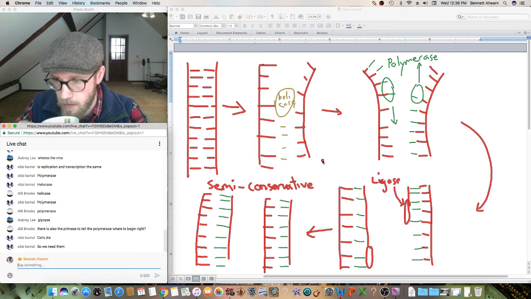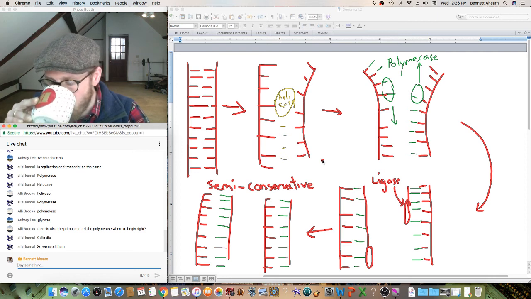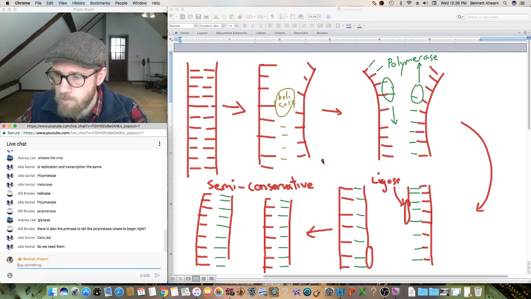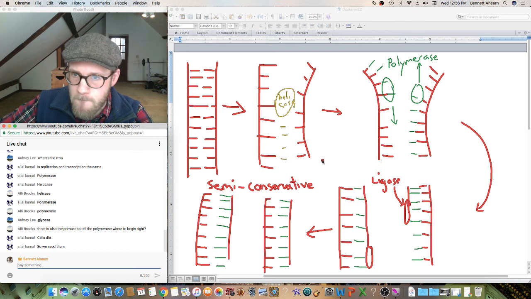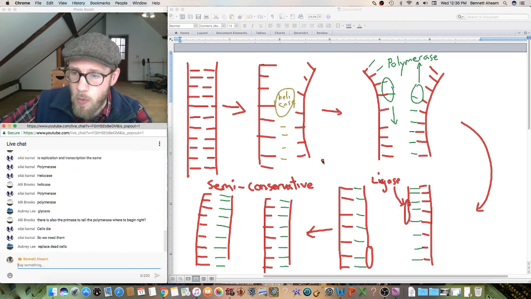Keep going with that, Soleil. They do die, so we need them. What do we need them to do? Imagine if all of your cells are dying, and that's it.